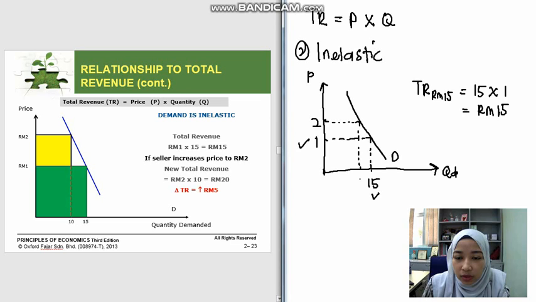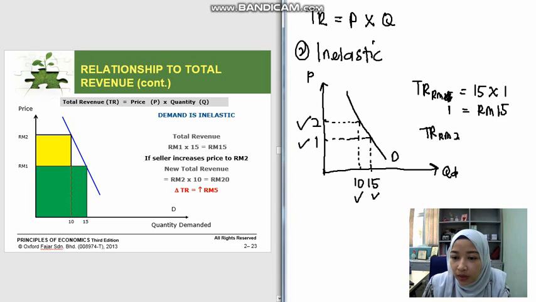Okay, but if you decide to increase the price of your product from 1 ringgit to 2 ringgit, the demand will reduce from 15 to 10. Just a small amount of reduction. So what is your revenue here? Sorry, the earlier price should be 1 ringgit, my bad.